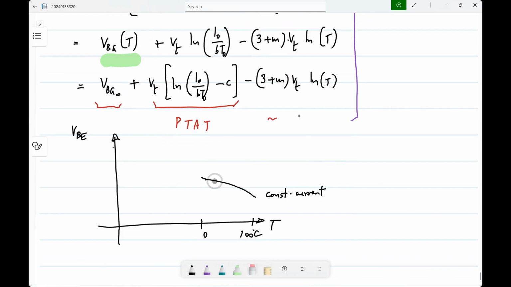It basically means that you have a higher current here than there. Let me assume that in the middle of the range, VBE is the same. I've adjusted the current to be like that. Then as it comes close to 0, the current will reduce, so VBE will be smaller. And as it goes closer to 100, VBE will be larger. So it also depends on how the current changes with temperature. With PTAT, you will have a milder variation than with constant current. It's something to be known.